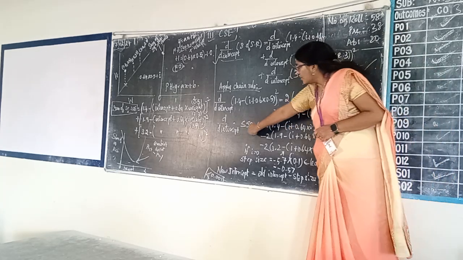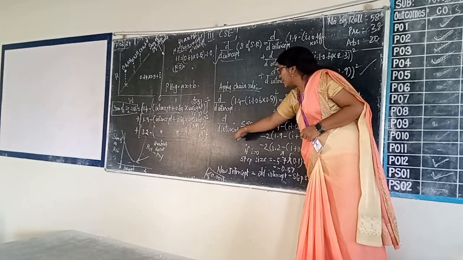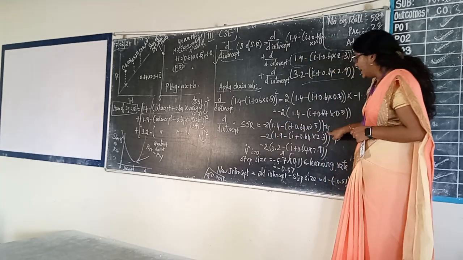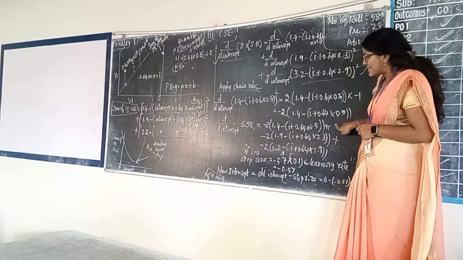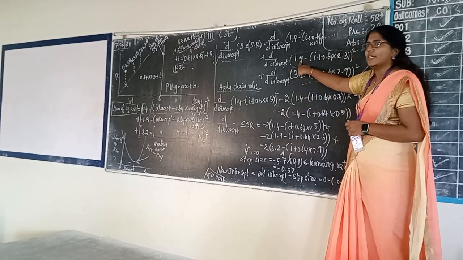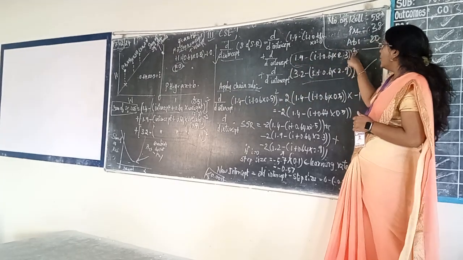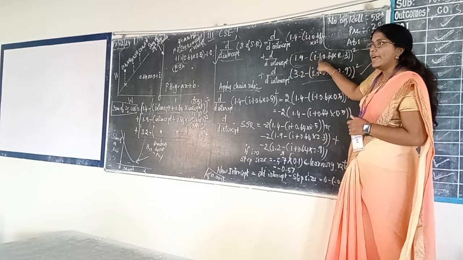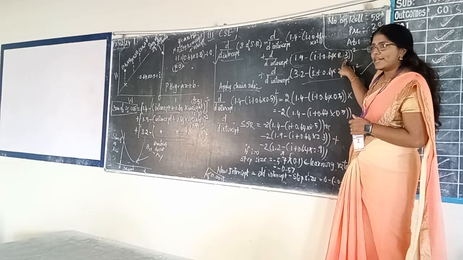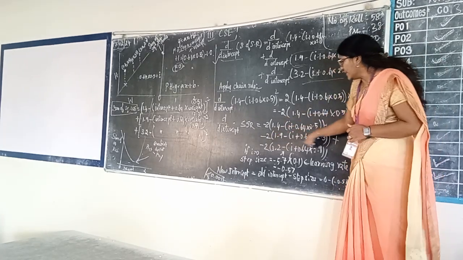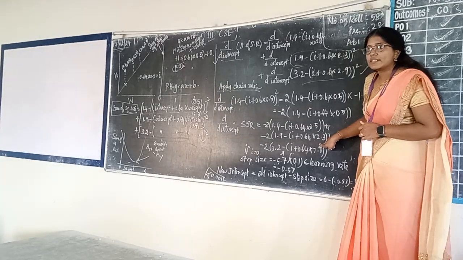So d by d intercept of the sum of squared residuals is equal to the first data point term plus the second data point term. Apply the same rule for the second data point: 2 into 1.9 minus (intercept plus 0.64 into 2.3), into minus 1. Am I right?